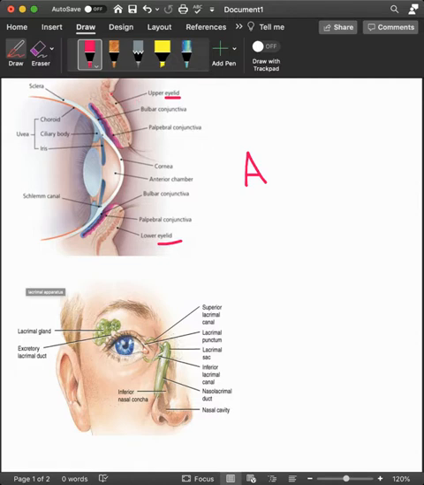So here is the anterior side of the palpebra or the eyelid. Now we're going to be looking on the posterior side. So we're looking right over here, okay? All right, so on the posterior side of the eyelid, you have what's called conjunctiva, okay? And this is a thin epithelial membrane, all right?